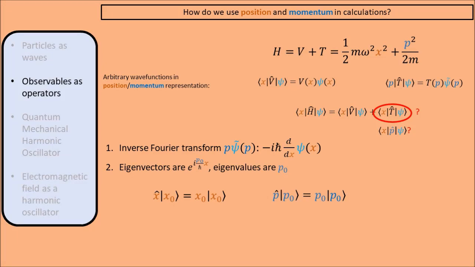In other words, if you have an operator that corresponds to a certain observable, then its eigenvectors correspond to the state with a definite value for that observable, and that value is given by the eigenvalue. So in the case of the momentum operator, we know that in the position basis the eigenvectors are given by plane waves, and the eigenvalues are p0. Indeed, these are also the eigenvectors and eigenvalues of the operator minus i h bar times the derivative with respect to x.